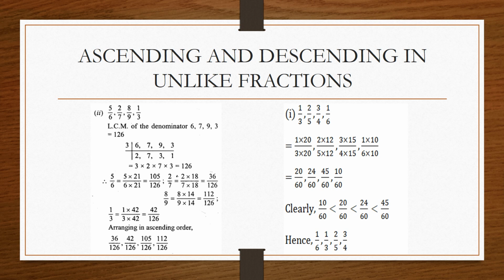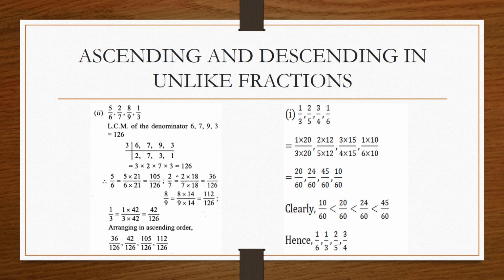Now you can just see the numerators and decide. So 10 by 60 is lesser than 20 by 60, is lesser than 24 by 60, is lesser than 45 by 60.